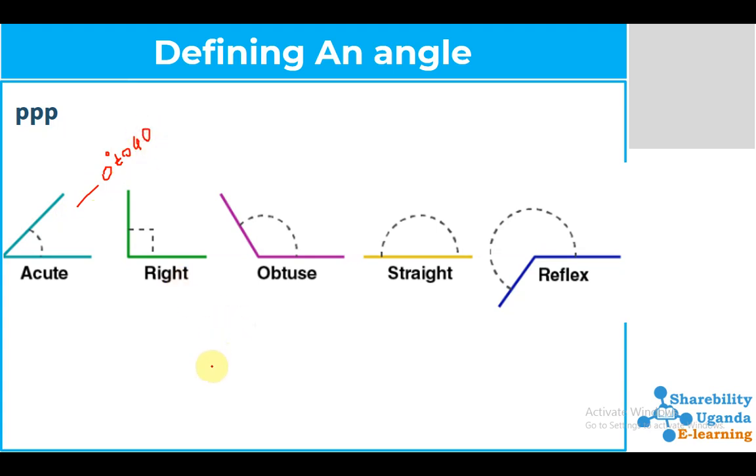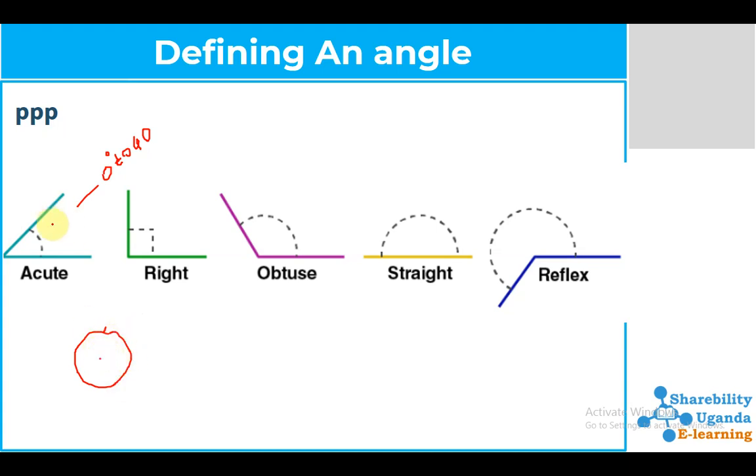When you are dealing with these angles, they come from the concept of the circle itself. When you look at this circle, inside it has a point, and when you rotate from the first point to the end where you started, it forms 360 degrees.